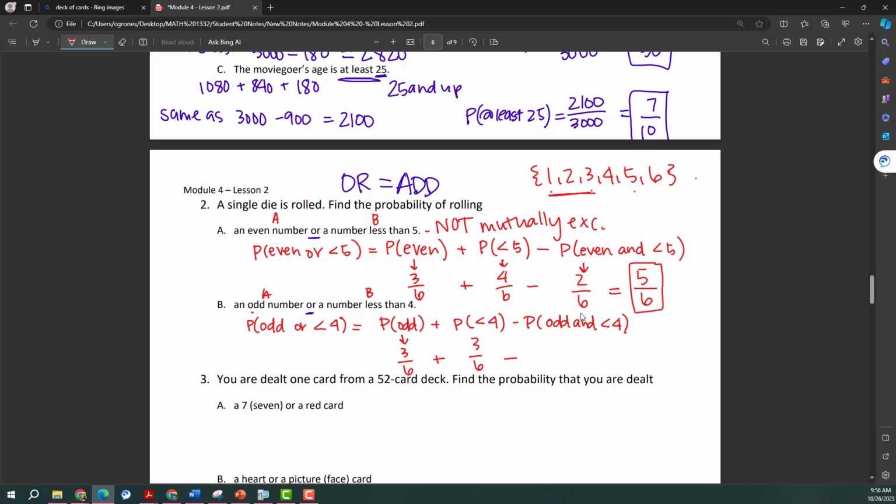And then the odd and less than 4, we've got 1 and 3. So we have 2 out of the 6 that are odd and less than 4. Remember, when we add fractions, our denominator stays the same, and we add our numerators. So 3 plus 3 is 6, and then minus 2, we have 4 out of 6. And that reduces down to 2/3.